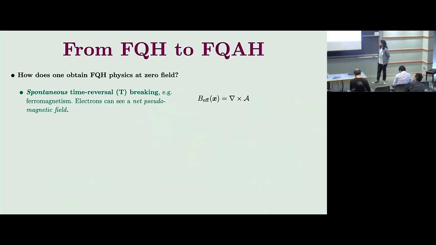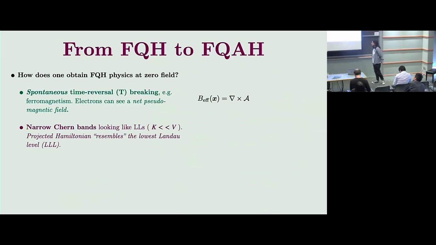The other ingredient you need is narrow Chern bands that look, in some sense, like Landau levels. You want in particular the projected Hamiltonian to resemble in some way the lowest Landau level projected Hamiltonian.